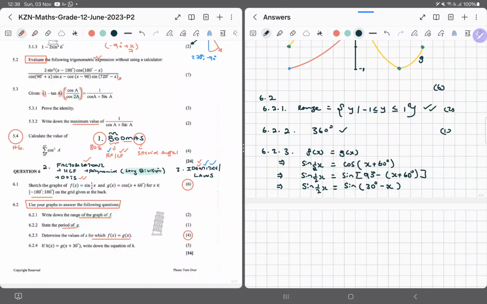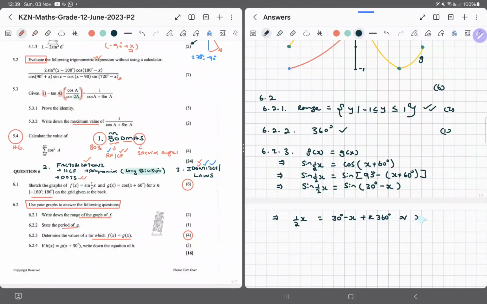Easy. Now when we've got sine, we can equate the angles. So this implies that basically a half of x should be equal to 30 degrees minus x plus k times 360 degrees.